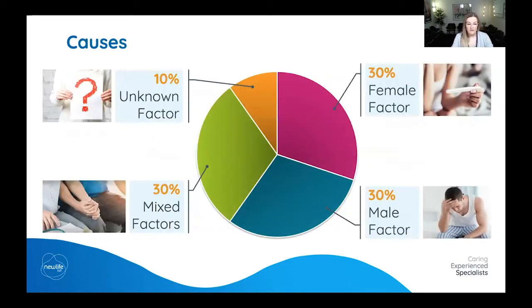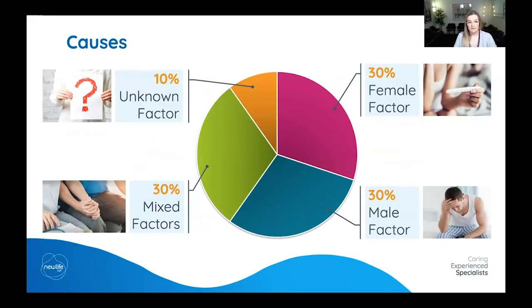So if we break down the different causes of subfertility in heterosexual couples, about 30% of the time we find that the female partner is diagnosed with a cause of subfertility. About 30% of the time the male partner a cause is found. 30% of the time there's either mixed factors or both members of the couple have a diagnosis.